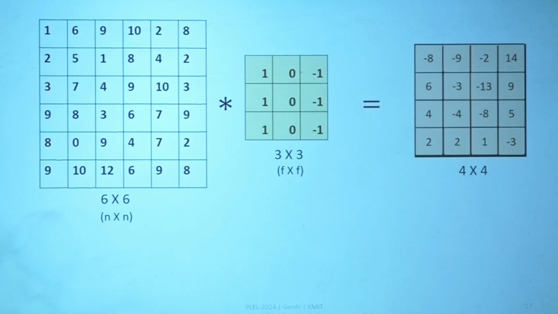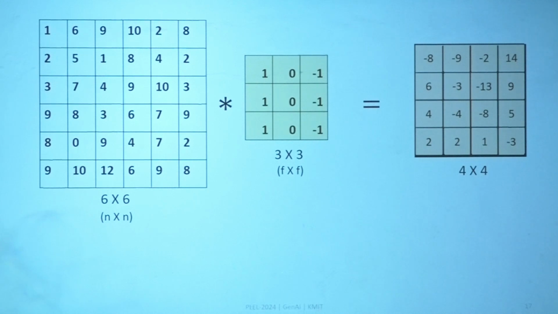Now look at here. The input image I have taken is 6 by 6. Assume it as size n by n, and the filter of size 3 by 3 is called an f by f filter. Now what could be the dimensions of the resultant feature map? We have seen how the convolution happens and how many values it generates.